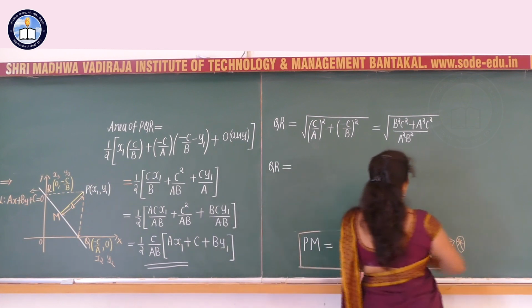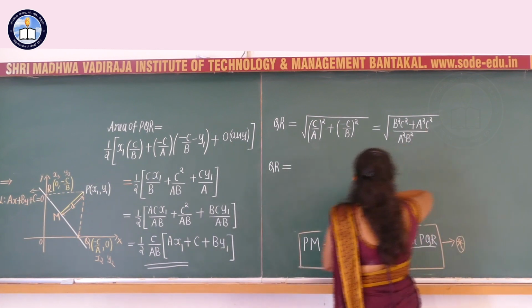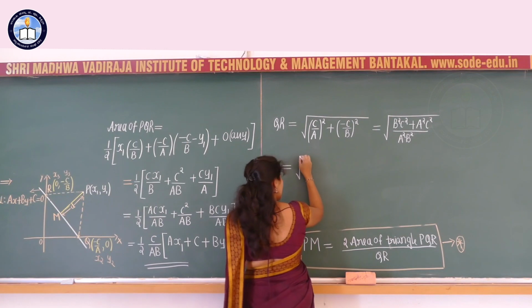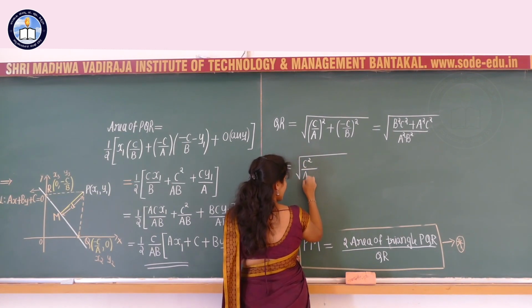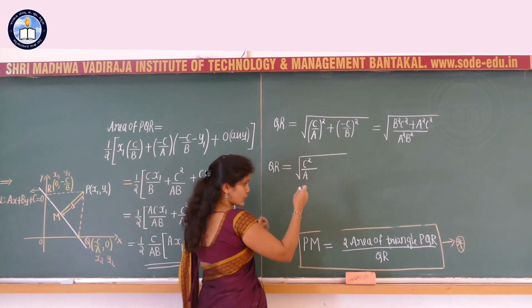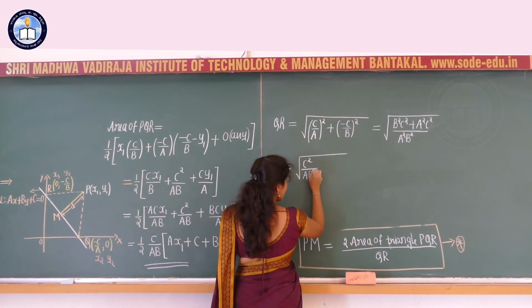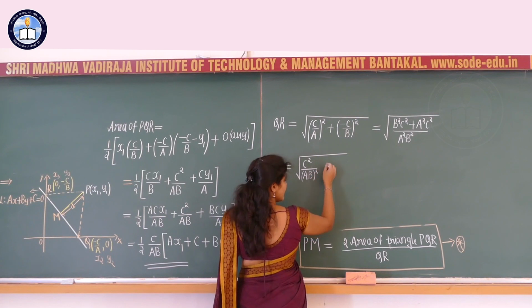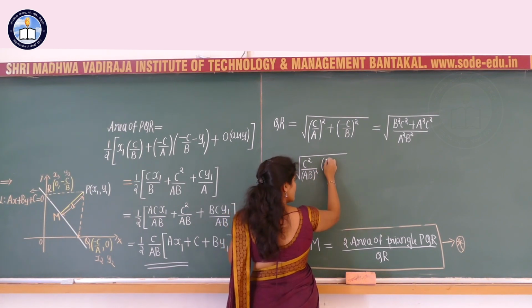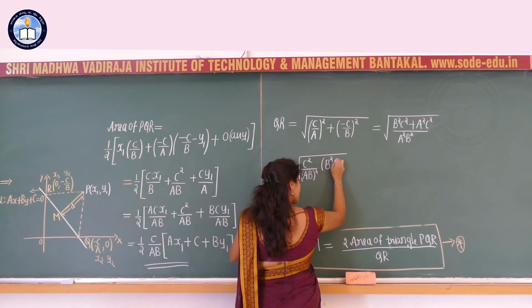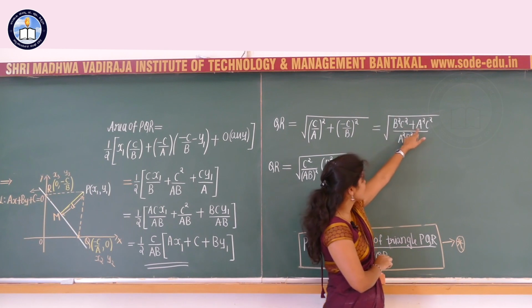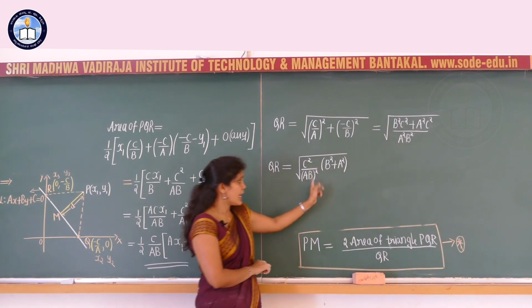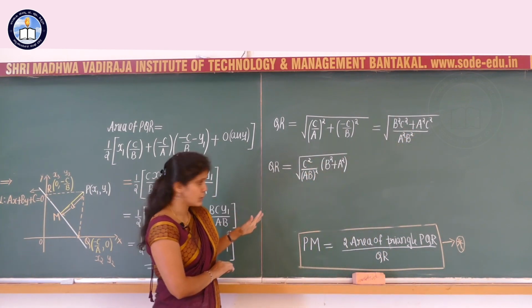In the numerator, do we have any common term? Yes, c square, correct? C square is the common term in the numerator, which can be written as c square divided by a square into b square, that I can write as (ab) square. Taking c square outside, the remaining terms in the numerator are b square plus a square, divided by (ab) whole square, which is a square into b square.